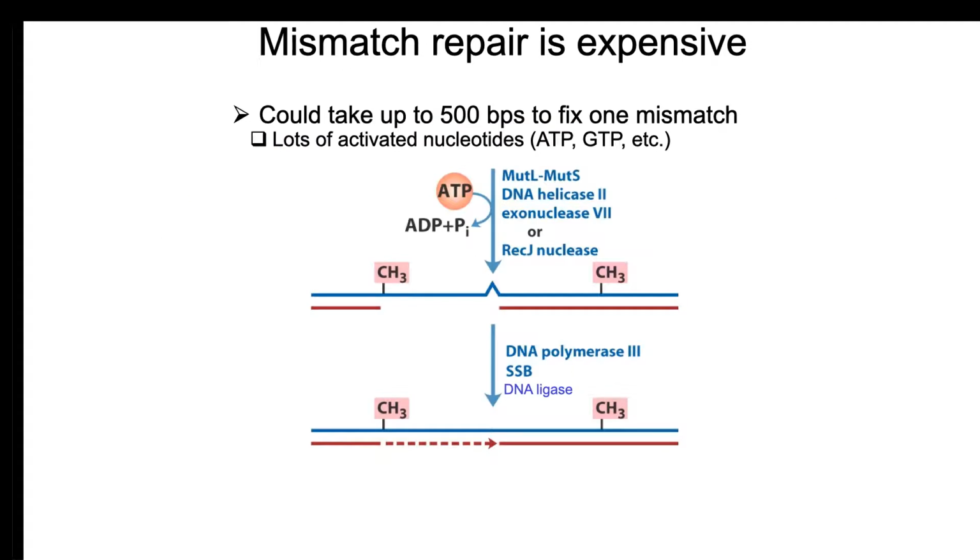But what this means is that in order to fix a single mismatched base, the cell is willing to destroy up to about 500 base pairs of single-stranded DNA simply to fix the one mismatch. And that demonstrates just how important it is to keep the fidelity, or the accuracy, of DNA replication intact.